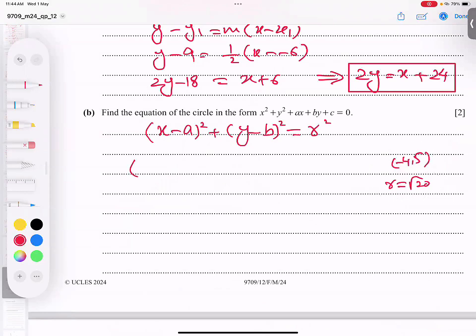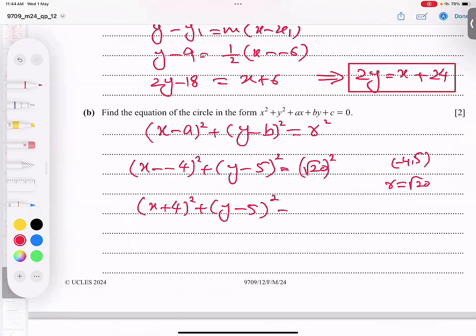So center is x minus 4, y minus 5, and radius is square root of 20. This becomes x plus 4 whole squared, and y minus 5 whole squared equals 20. But he said this format, so we are bound to expand.